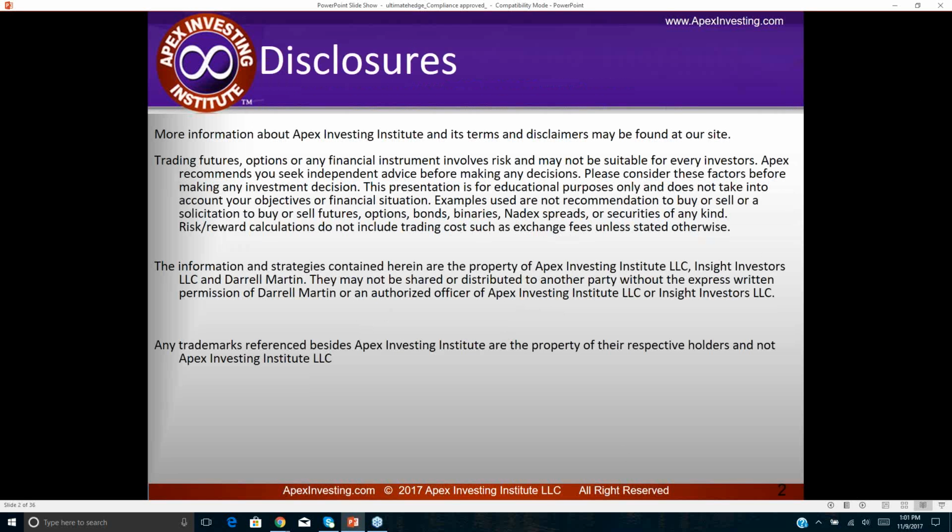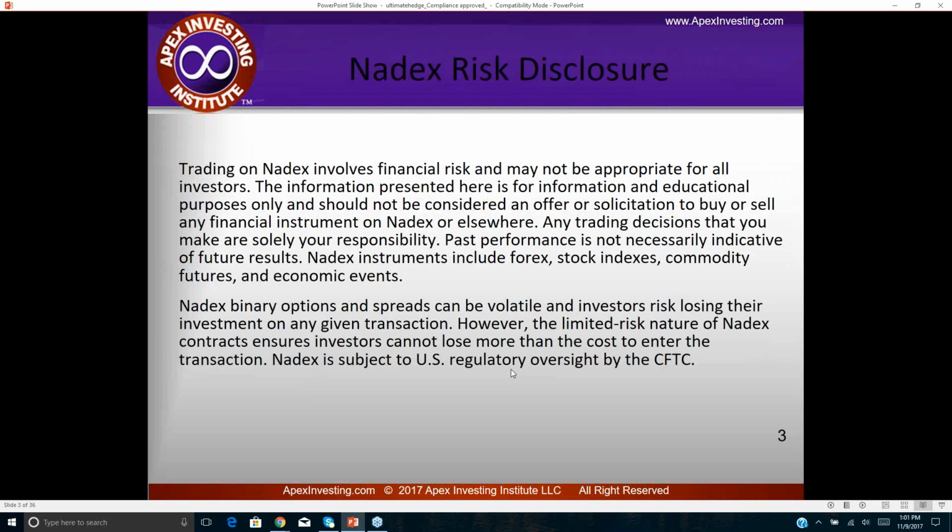As always, trading futures, options, or any financial instrument involves risk and may not be suitable for every investor. Information in this webinar is for informational and educational purposes only, not an offer or solicitation of an offer to buy or sell any financial instrument offered by Nadex. Past performance is not indicative of future results.